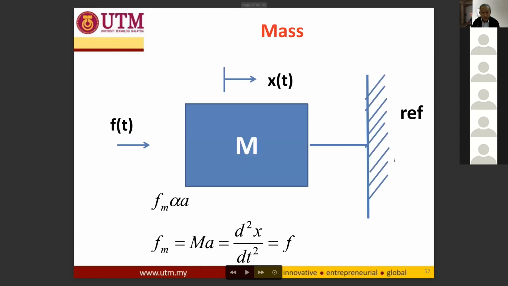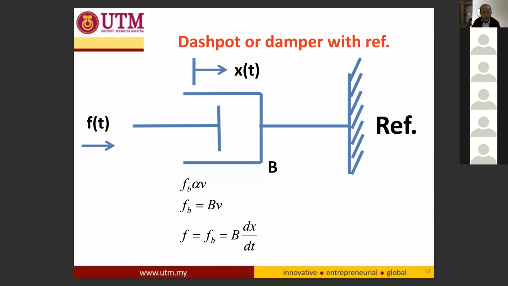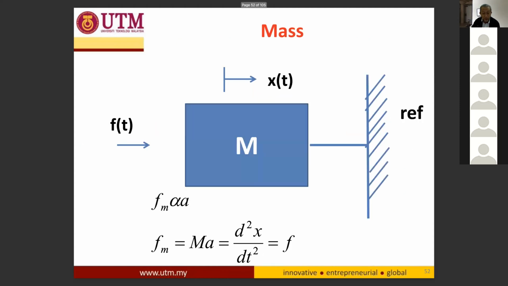So you can see here the mass, F is equal to ma, or is equal to m d square x over dt square. I forgot to write m here.